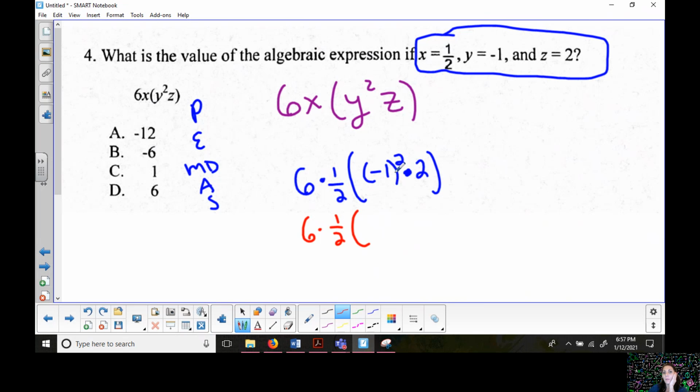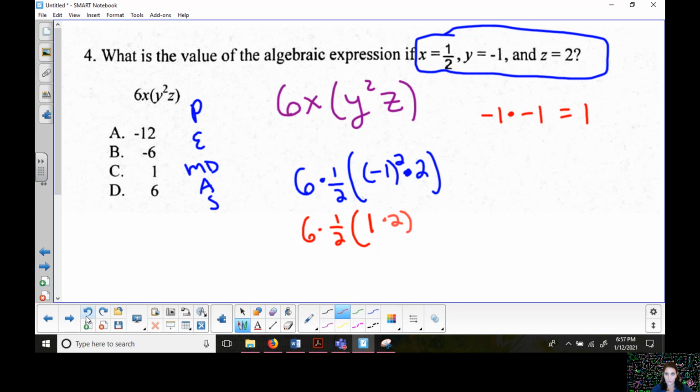Now right here, be careful what this means, and this is why your parentheses here were so important. What this means is -1 times -1. A negative times a negative is a positive. So our answer here is going to be +1, and that's times 2.